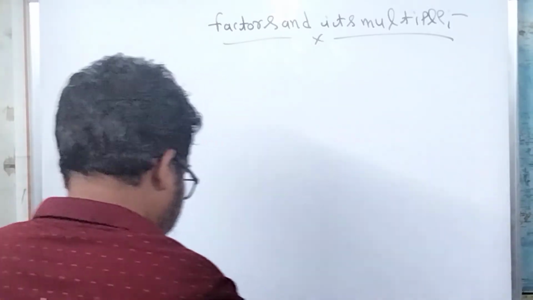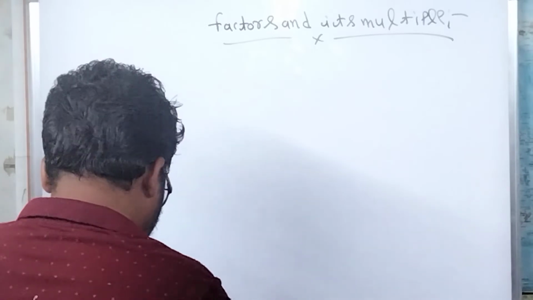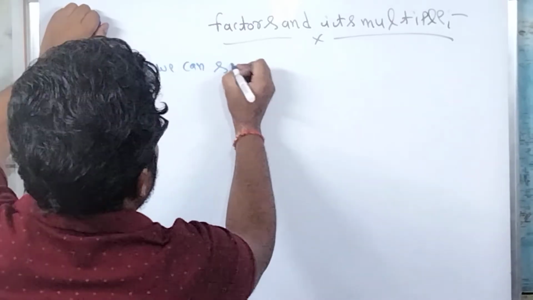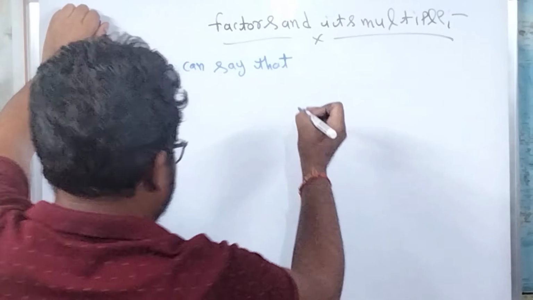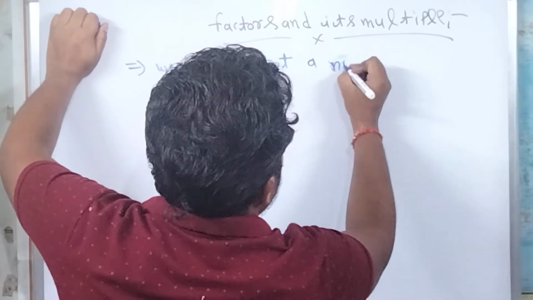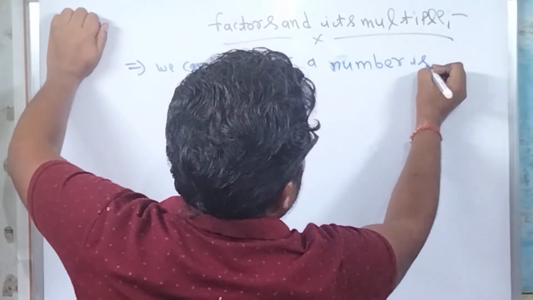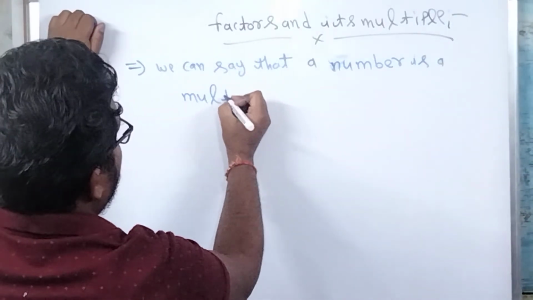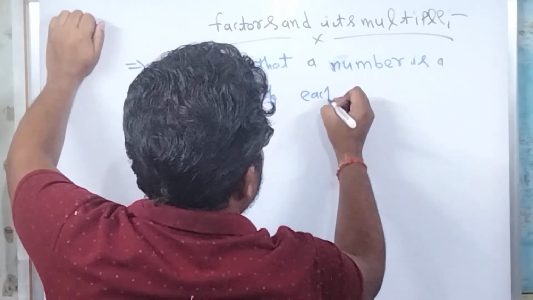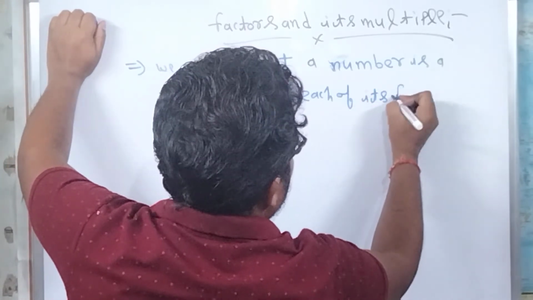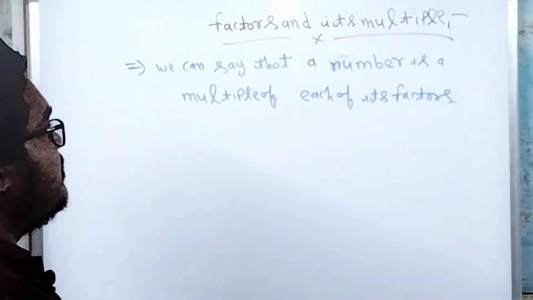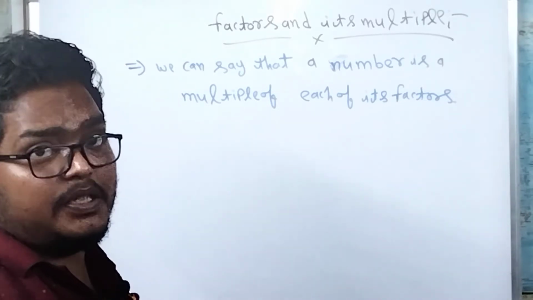First, we can say that a number is a multiple of each of its factors. Every number is a multiple of its factor.